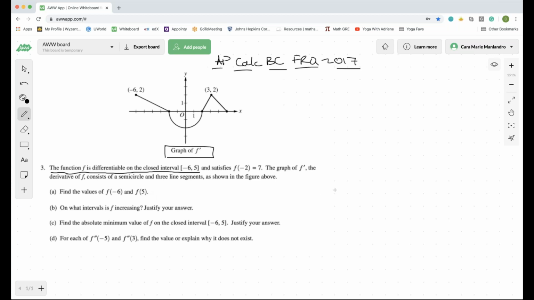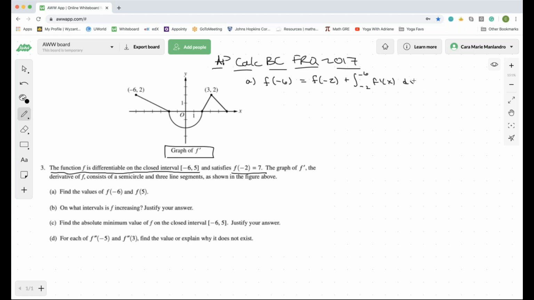The way we want to do this is to take advantage of our initial value. We're going to say f of negative 6 is equal to the value of f of negative 2, which we're given, plus the integral from negative 2 to negative 6 of my derivative.